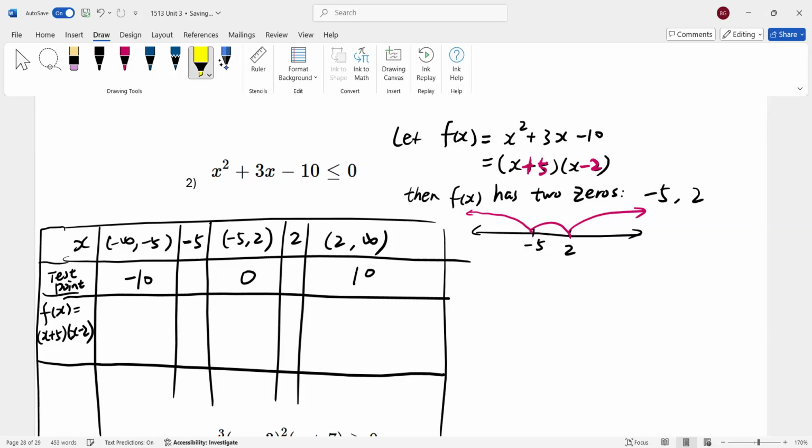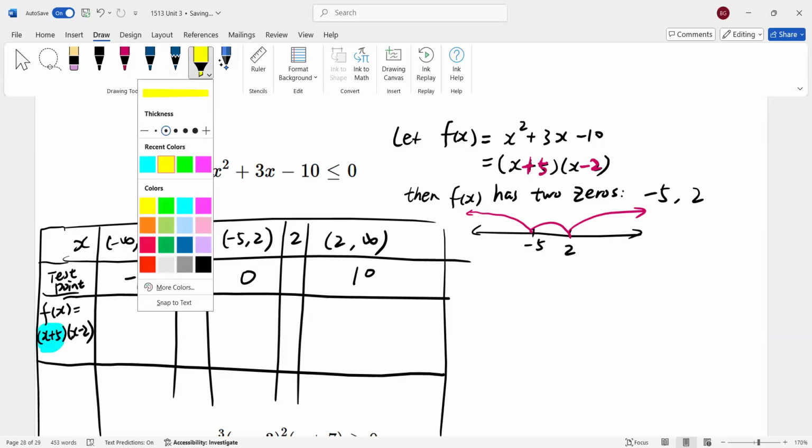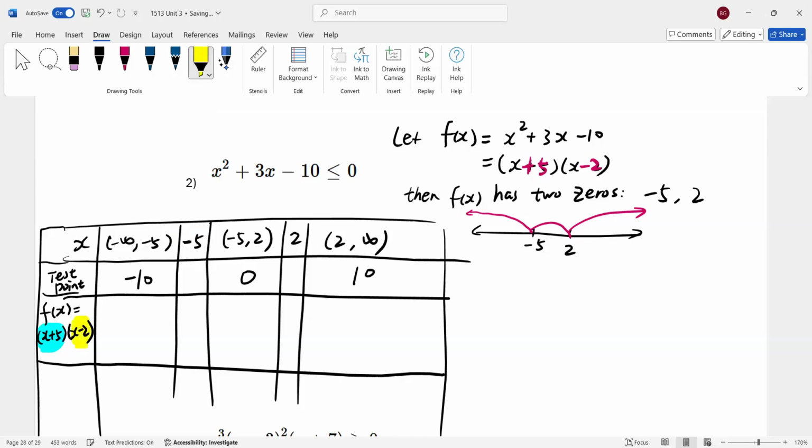So let's say the first factor is blue, the second factor is yellow. So the function f of x is blue times yellow, okay? In this row, we are going to see the sign of the function f at those testing points. Those testing points are representatives for each interval.